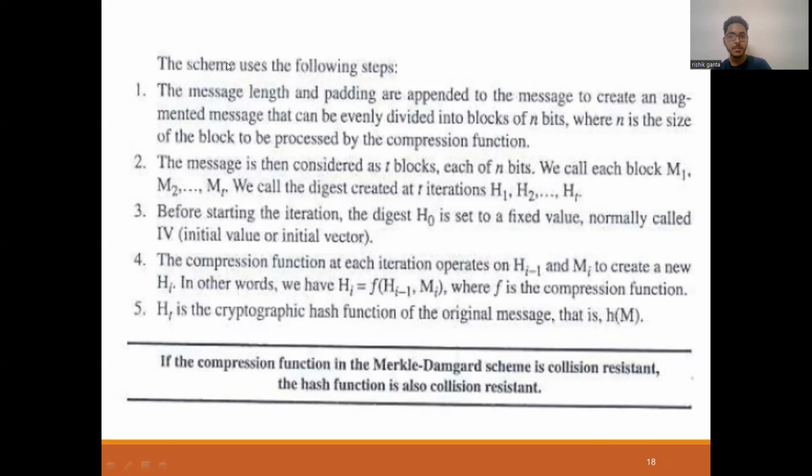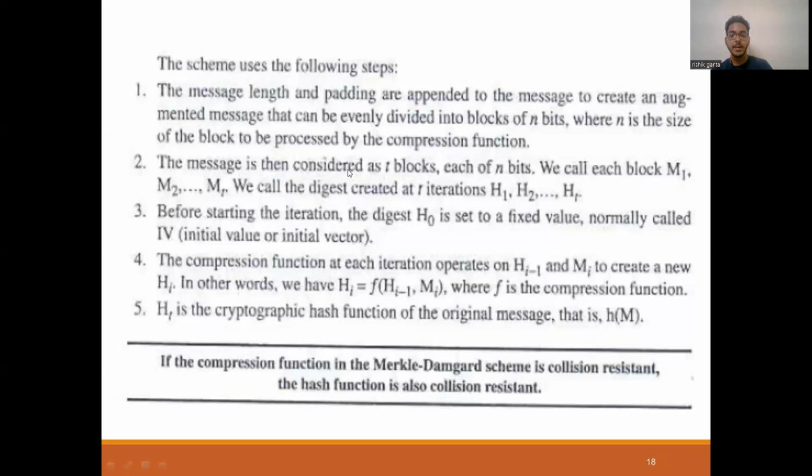This is the algorithm. The scheme uses the following steps. The message length and padding are appended to the message to create an augmented message that can be evenly divided into blocks of n bits, where n is the size of the block to be processed by the compression function.